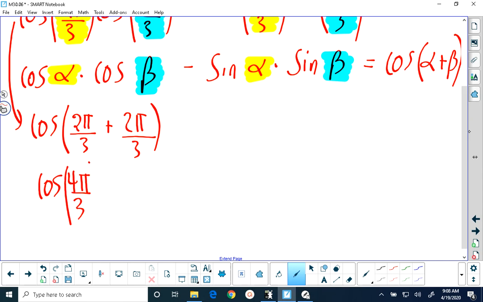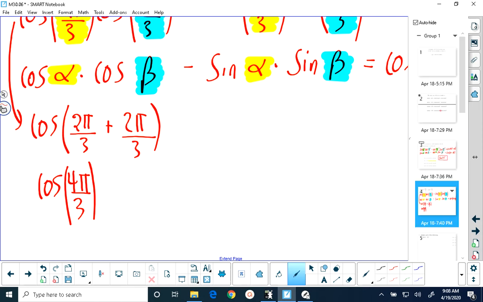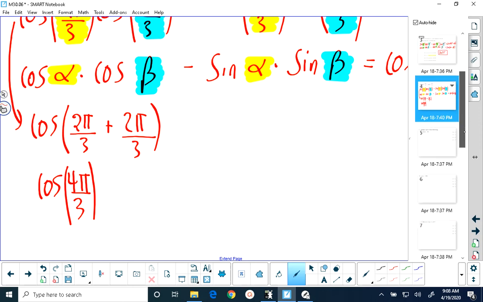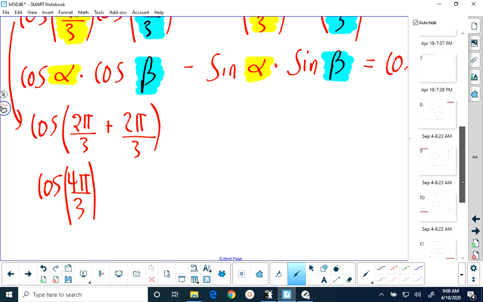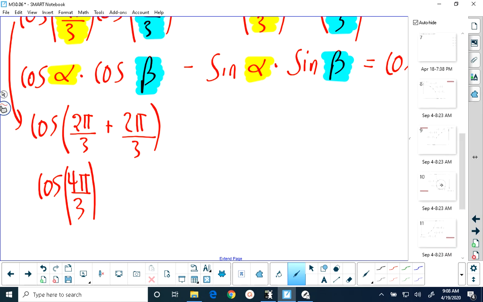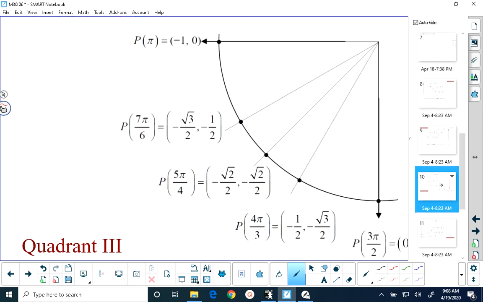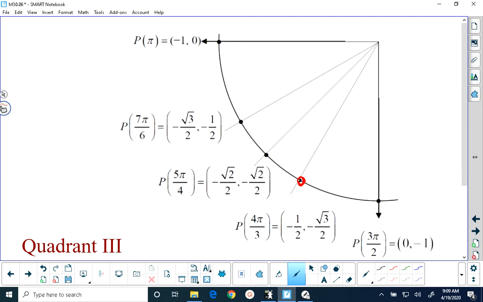And since 4 pi over 3 happens to be one of those special angles on our unit circle, we could actually calculate what the exact value of cosine of 4 pi over 3 is equal to. We would go to the unit circle and locate 4 pi over 3, which is in quadrant 3. 4 pi over 3 is this location right here.